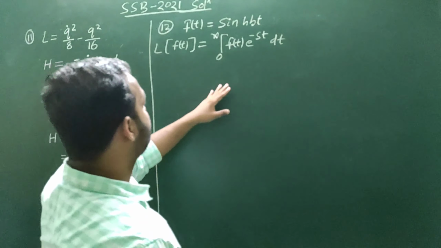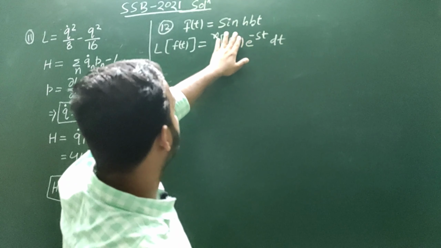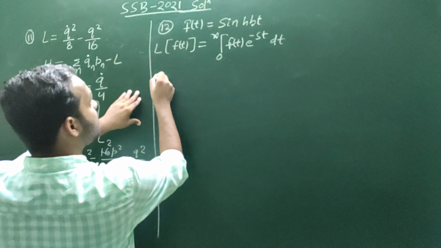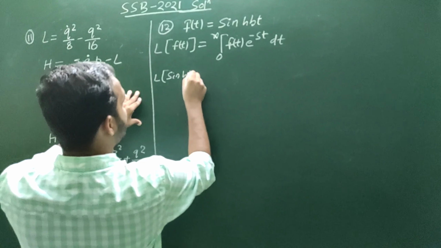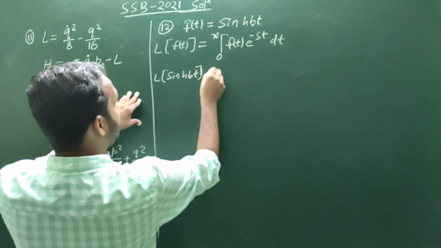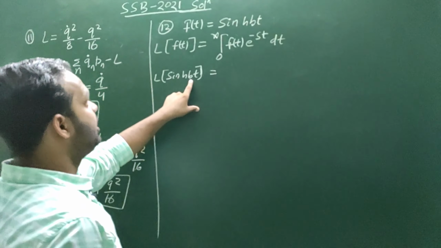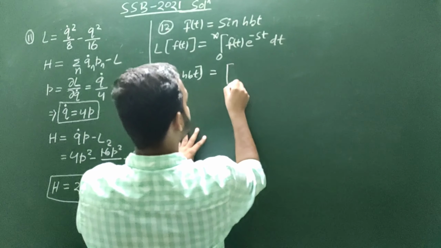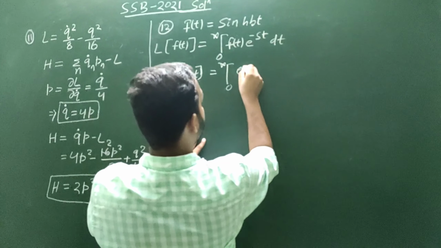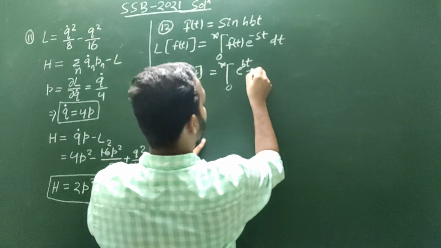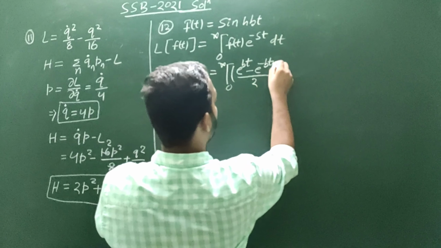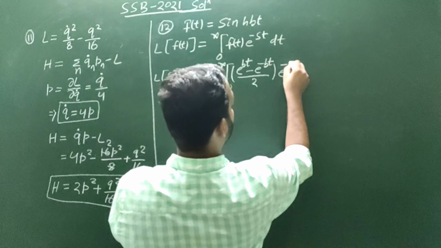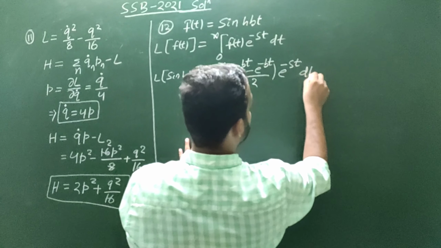Now just put this f of t here. You will get the Laplace transformation of sinh bt, and you know sinh bt is equal to the integral from 0 to infinity of e to the power bt minus e to the power minus bt, divided by 2, into e to the power minus st dt.